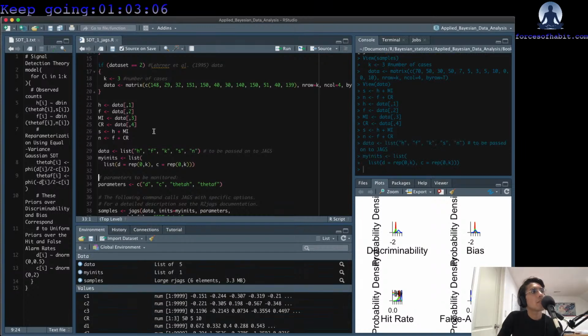We initialize the parameters that we set priors for. So discriminability, and K here, or C, is the bias. And now we're interested in these 4.